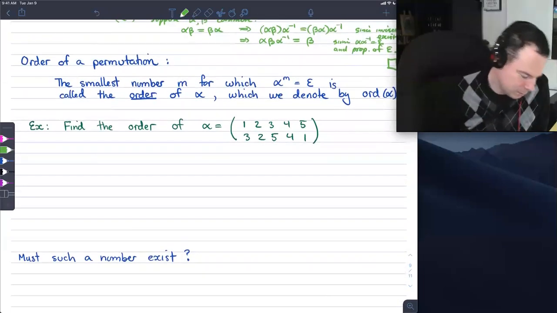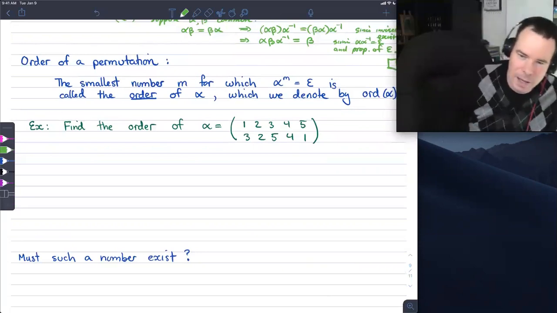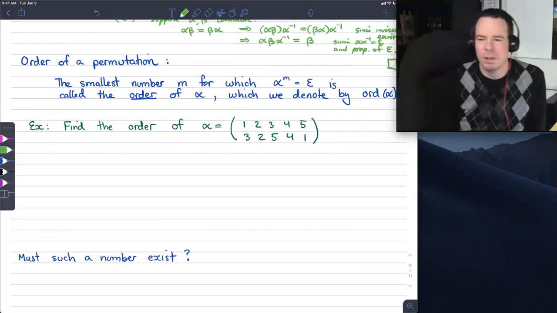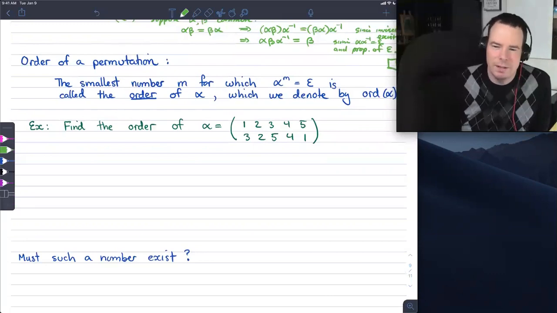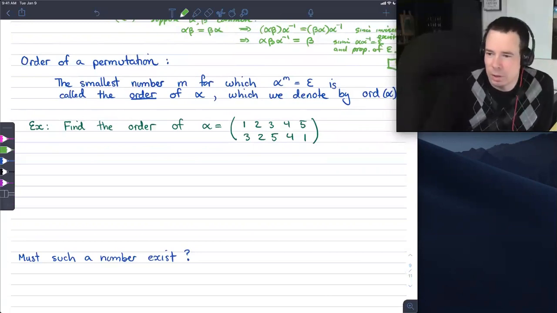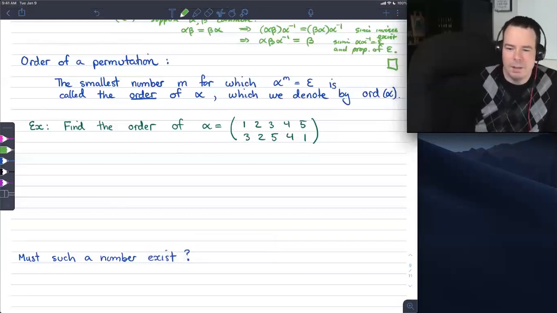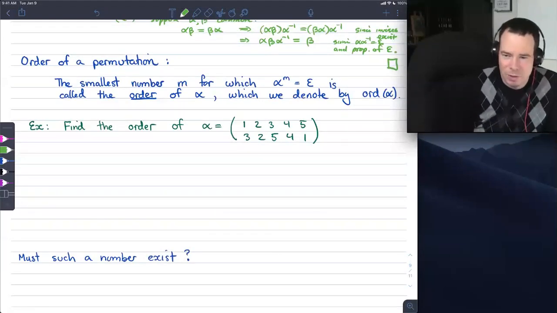Order of a permutation. So this alludes to a question that came up in the chat last day. How do we find the smallest number which, when we raise alpha to that power, gets the identity? Well, that smallest number is what we call the order of the permutation. I like to think of it as, and people refer to this as, the smallest value that is going to kill the permutation.